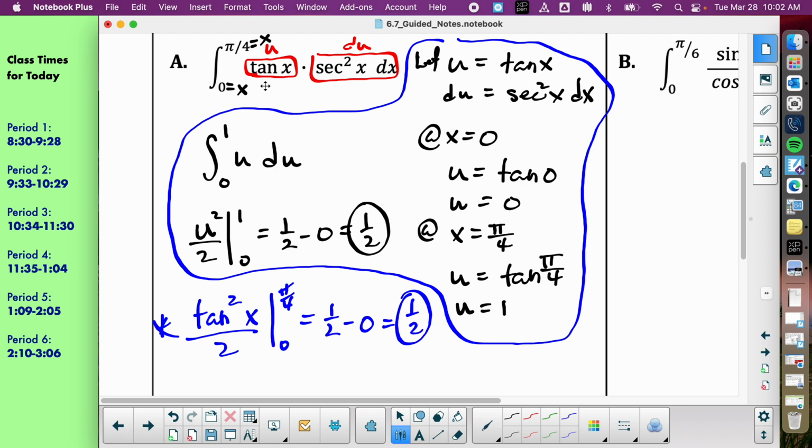And so I would know the answer immediately is tangent to the second divided by 2. And then I wouldn't have to do any type of substitution at all. But some people like to stay organized and they get messed up if they don't. And so some people absolutely will do substitution all the time. And that's what's written in black. So you don't substitute u down there for tangent x because I didn't do substitution.